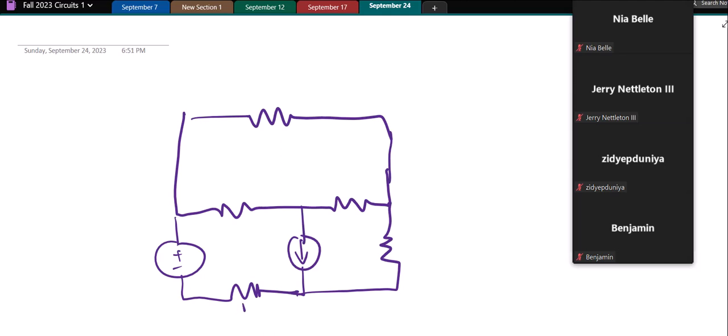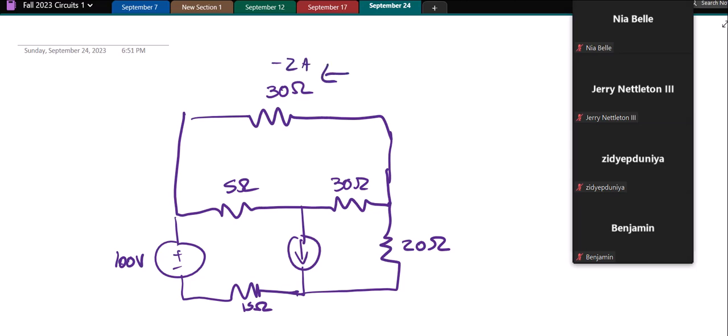So we know this was 15 ohms, this was 20 ohms, this was 30 ohms, this is 5 ohms, this was 30 ohms, this was 100 volts, we had negative 2 amps in this direction, we had 5 amps in this direction.